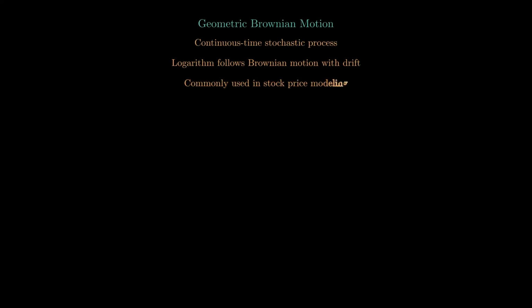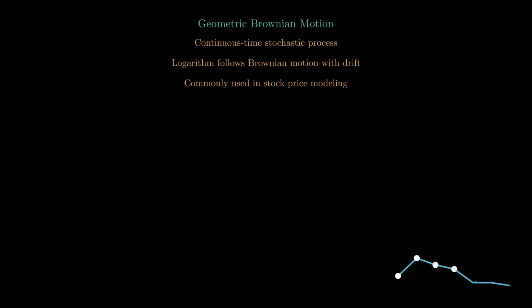Welcome to Scene 1. Introduction to Geometric Brownian Motion. As the title appears at the top of your screen, note how this concept stands at the heart of many models in finance and physics. Geometric Brownian motion, or GBM, is a continuous time stochastic process. This means that it describes systems that evolve continuously over time, influenced by both predictable trends and random fluctuations. Let's break down its key components.